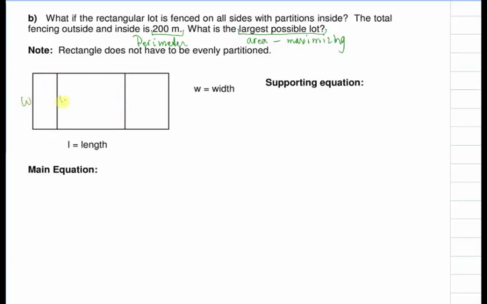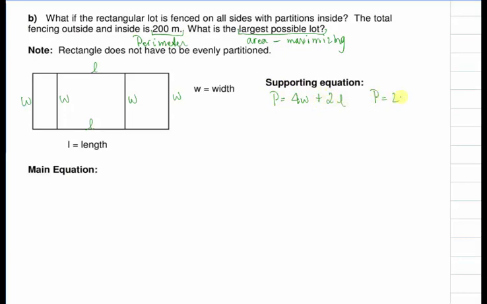So we've got a width, and a width. No river on one side of our lot now, so we're going to have 2 L's for length. So when we go to write our supporting equation, the perimeter is equal to 4W plus 2L.